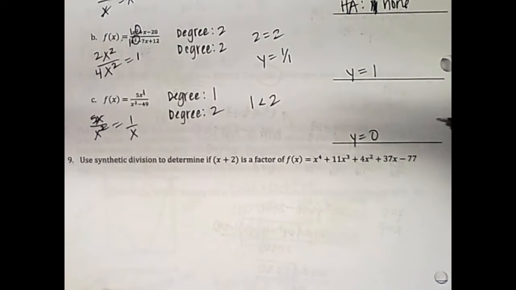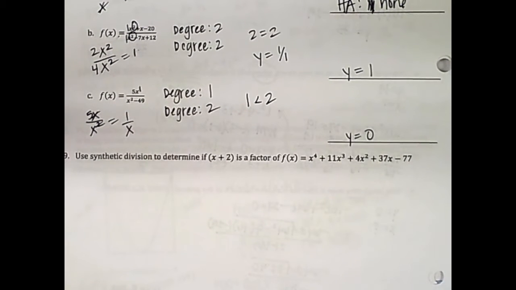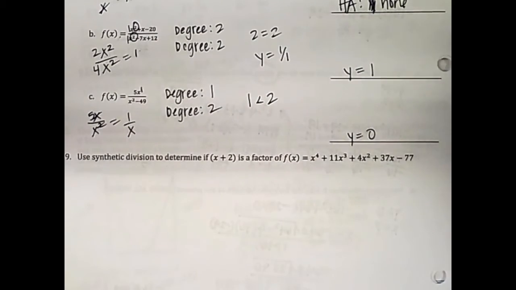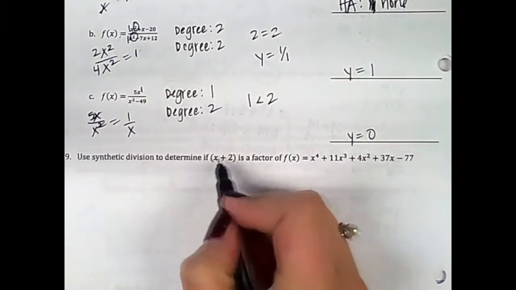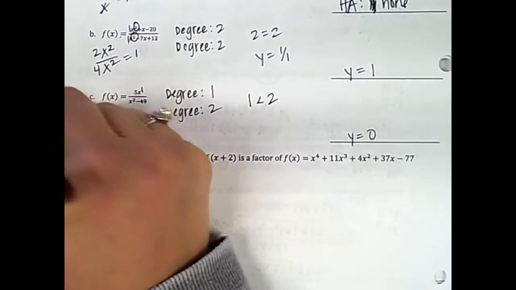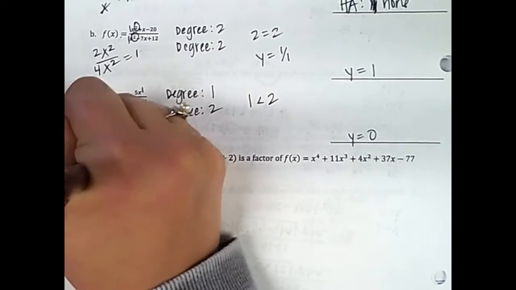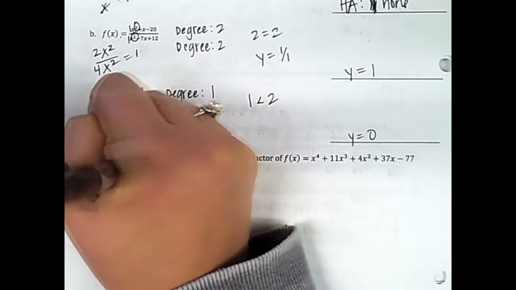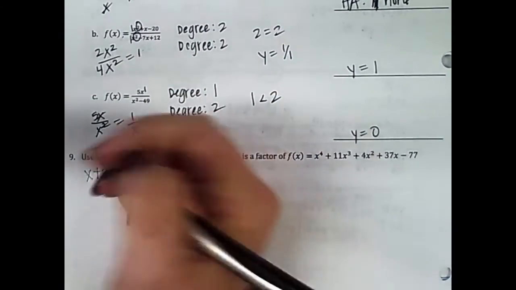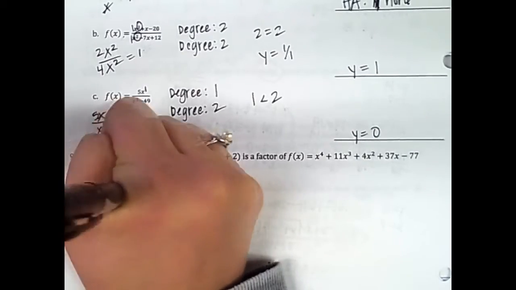Okay, so for number 9, it says use synthetic division to determine if x plus 2 is a factor of this whole thing. So that means what we want is the 0 of my factor, which is x plus 2. We want the 0 to be on the outside. So that means my 0 is the opposite sign, -2.